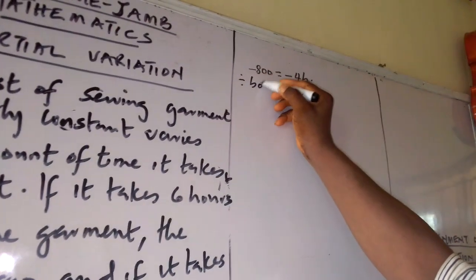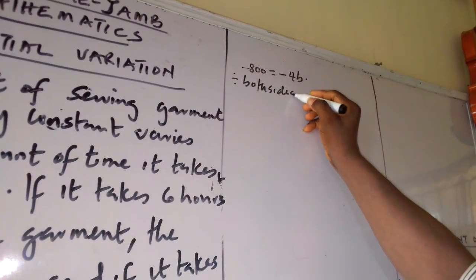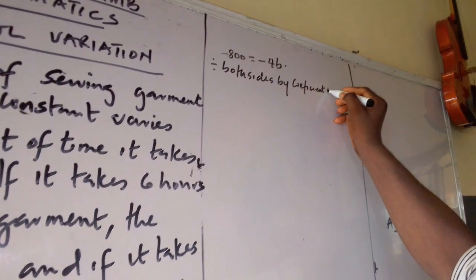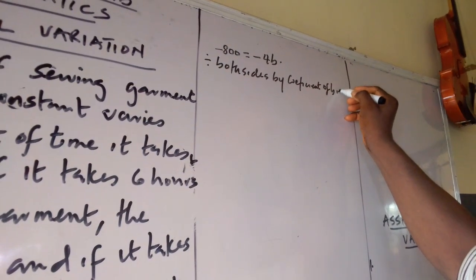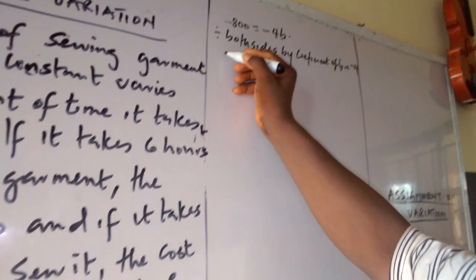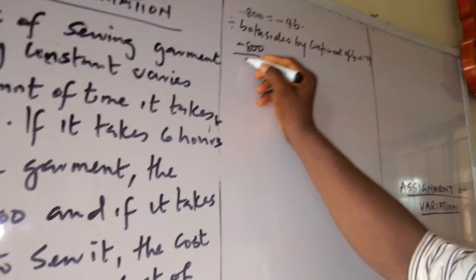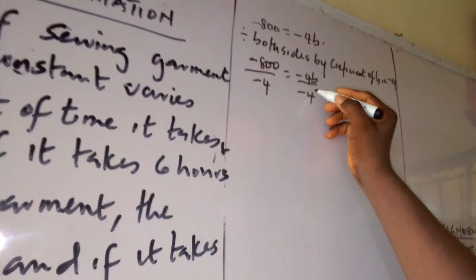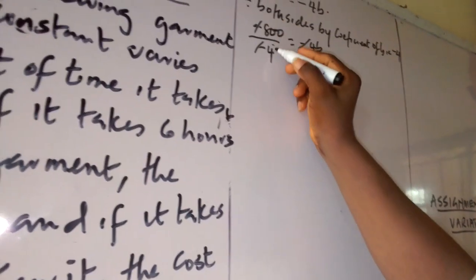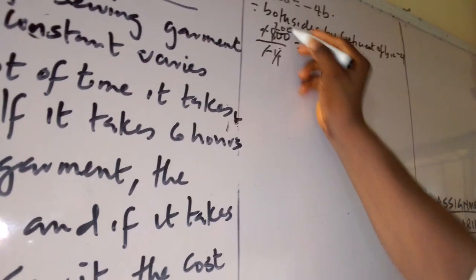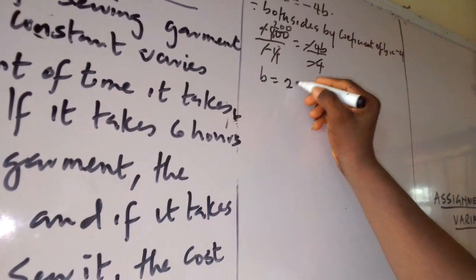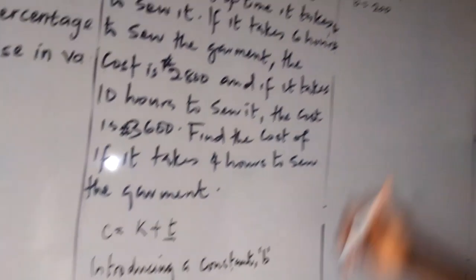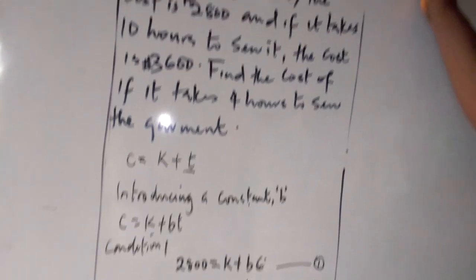Divide both sides by the coefficient of B. What's the coefficient of B? That is minus 4. So minus 800 divided by minus 4 is equal to minus 4B divided by minus 4. Minus cancels minus. This gives me 200. So my B is equal to 200.